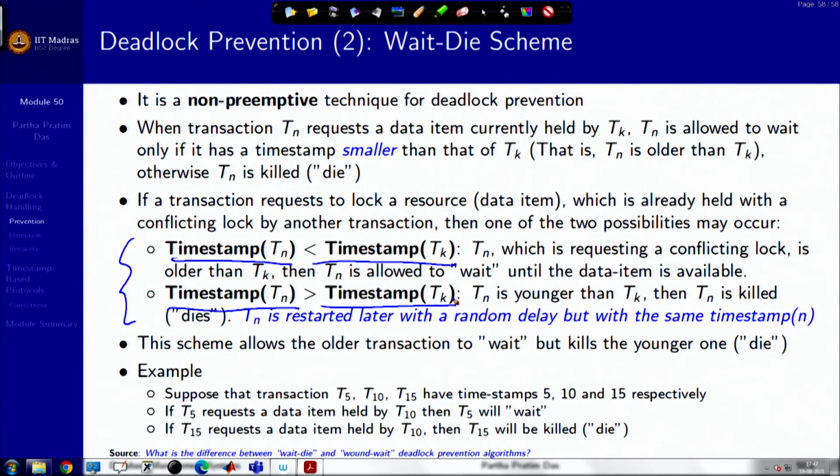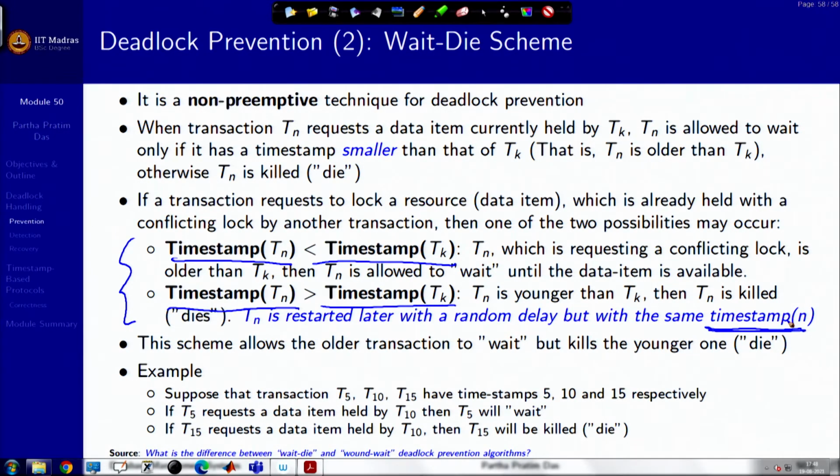And what do you do? You restart after a random delay. But in that way, what will happen? A younger transaction will get even younger. So, to stop that, when you restart, you do not use the current time, you use the same timestamp. I mentioned the timestamp is indicative of the order, but is not exactly the clock time.